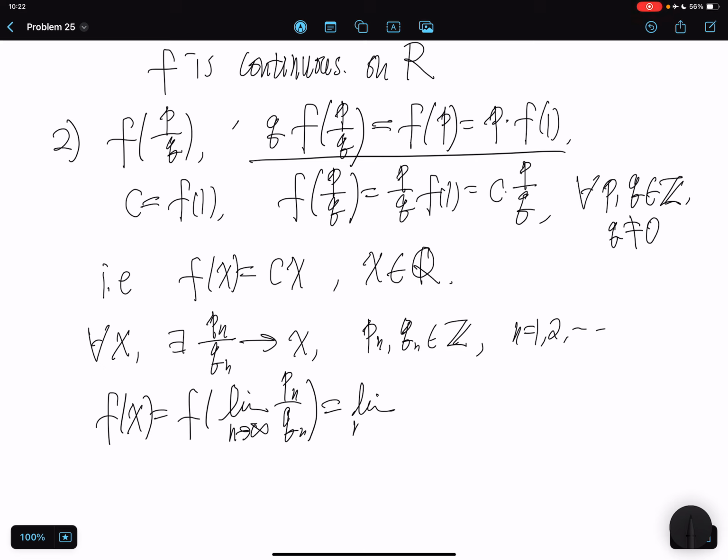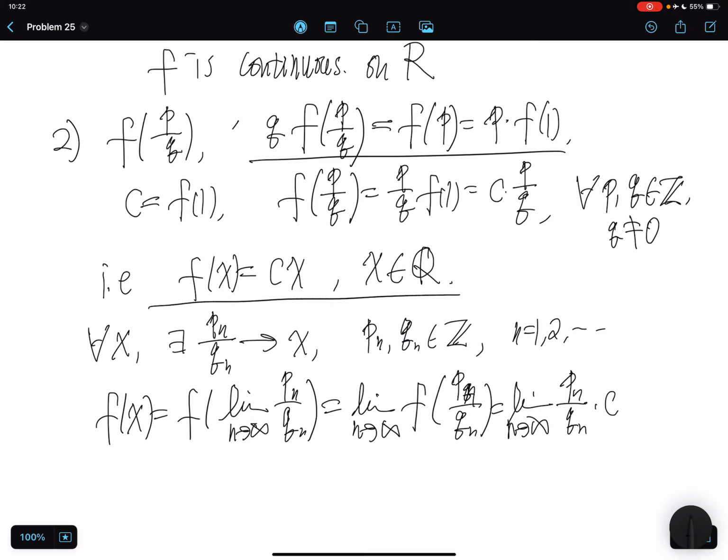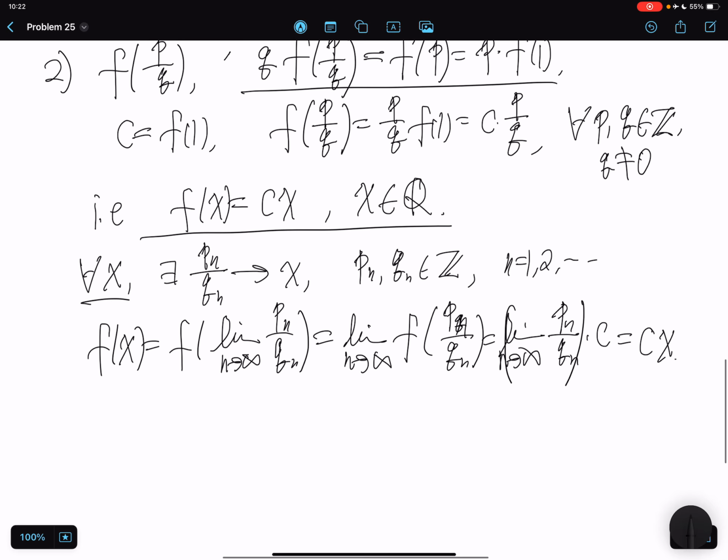This becomes the limit of f of p_n over q_n, which is the limit of p_n over q_n times c, and this becomes x, so c x. So for any x, that's it.